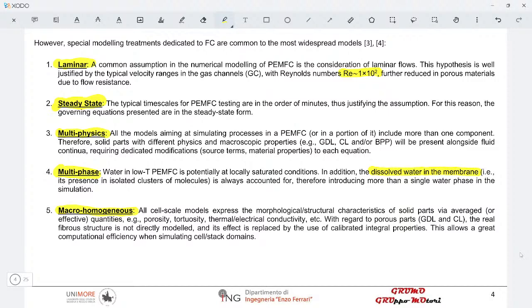So whenever we talk about porous materials, we will talk about an average porosity, which is the volume fraction of the void, so the fluid, over the total volume. We will talk about the permeability of a porous material, the tortuosity of a porous material, or effective conductivities, both thermal and electrical.